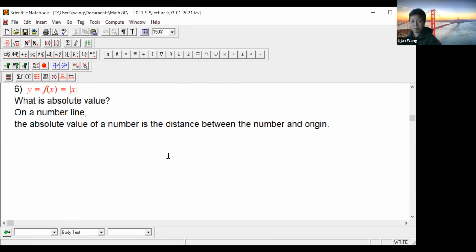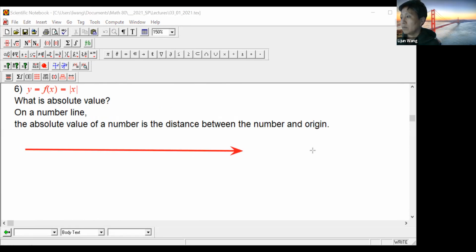What does it mean? Suppose I have a number line. This is the number line, and this point is the origin. And I have some tick marks. So -1, -2, -3, +1, +2, +3, and so on and so forth.